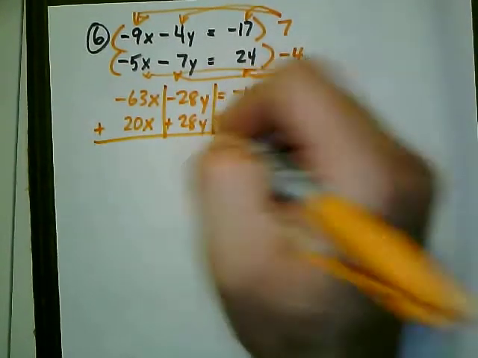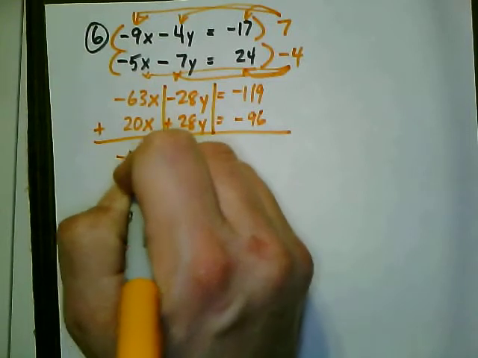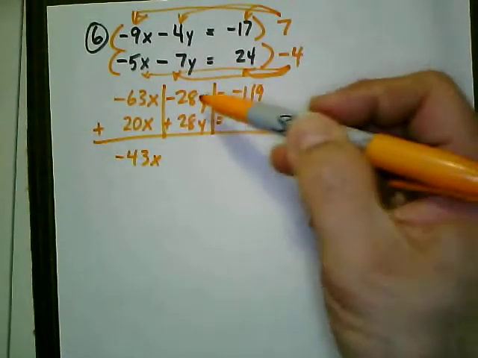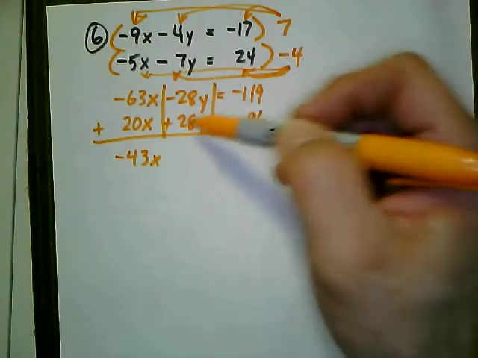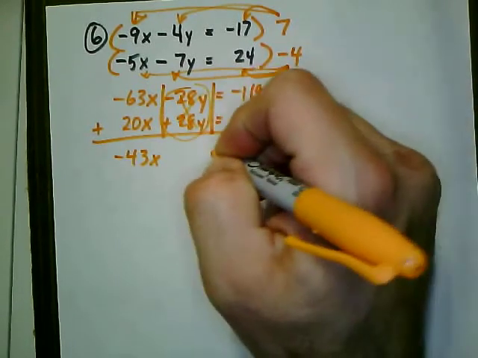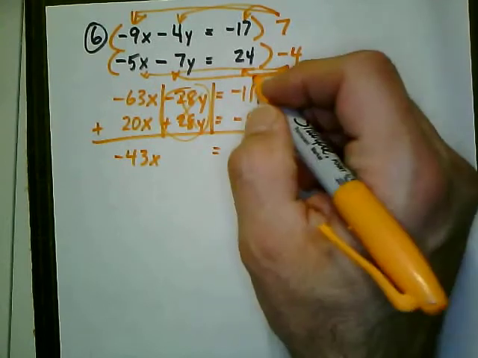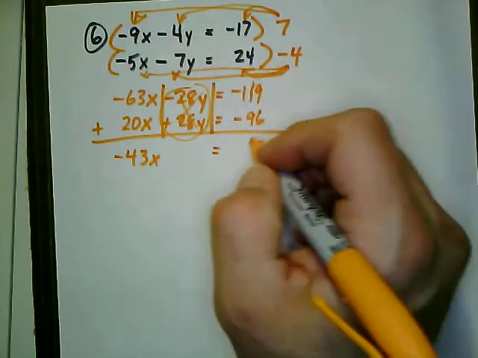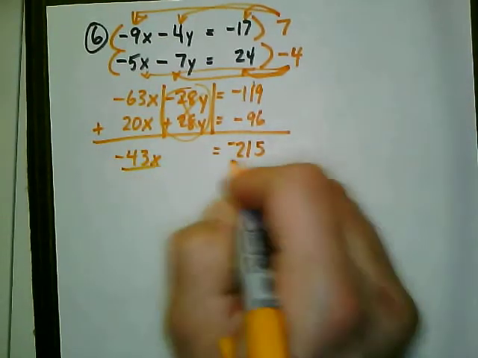Going to combine like terms. Use our graphic organizer here. -63 plus 20 is -43x. And there it is. This is the reason why we left this one what it was and changed this one, so we'd have these opposites here. Because -28 plus 28 is 0. It's gone. Goodbye. So add this together: -215.